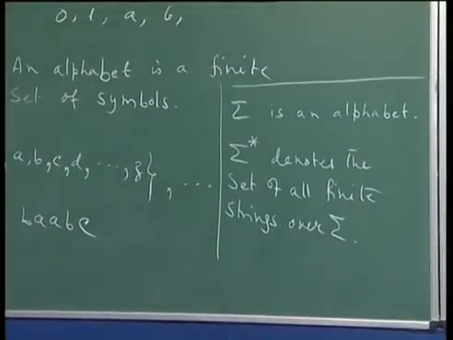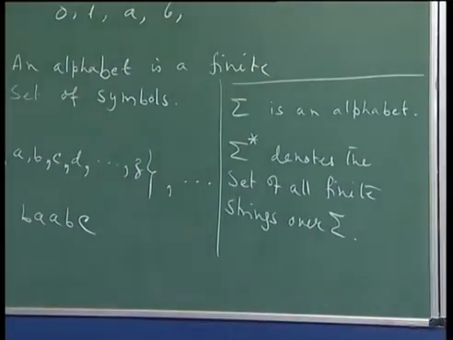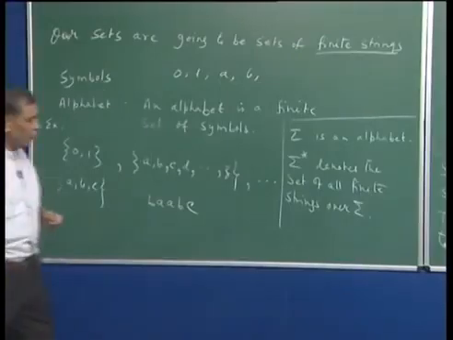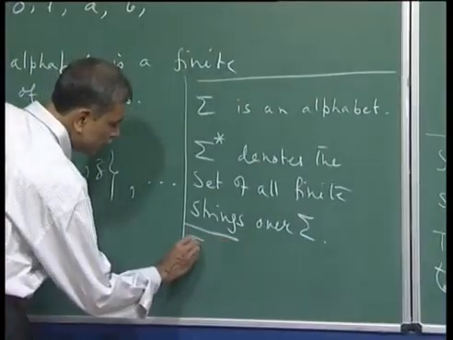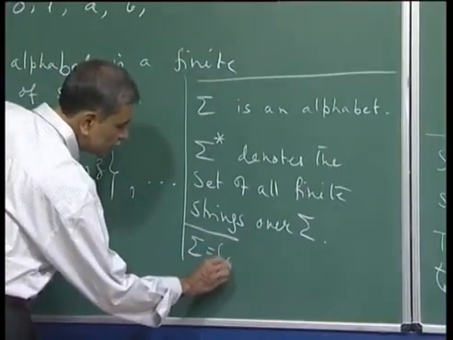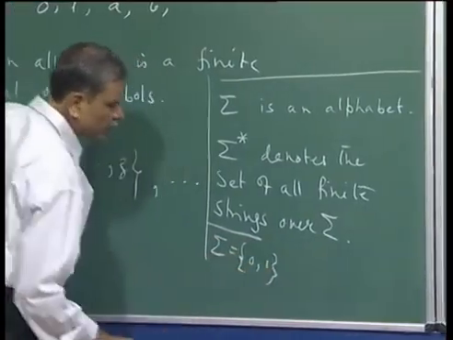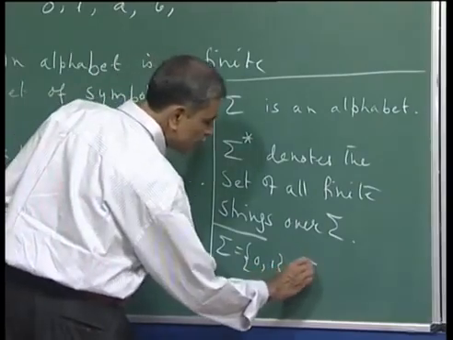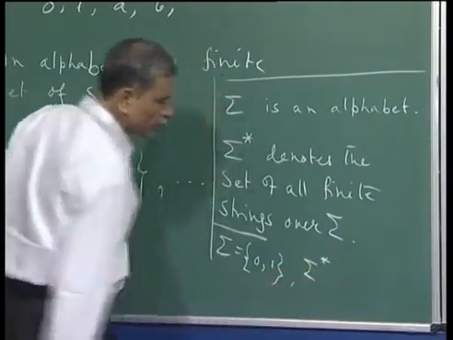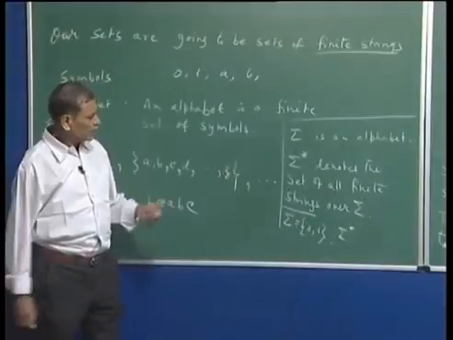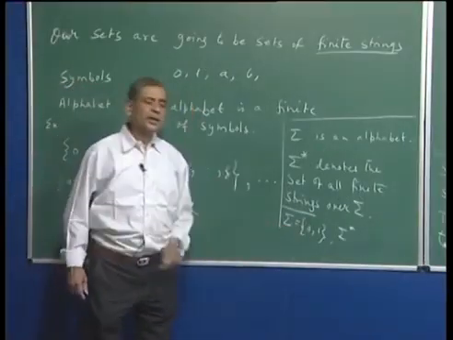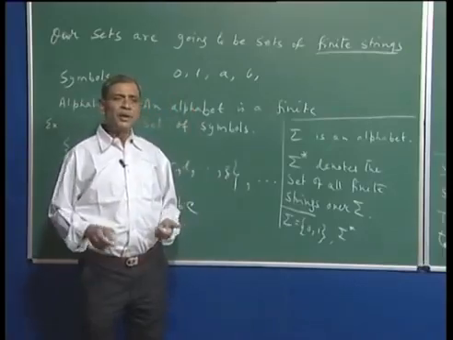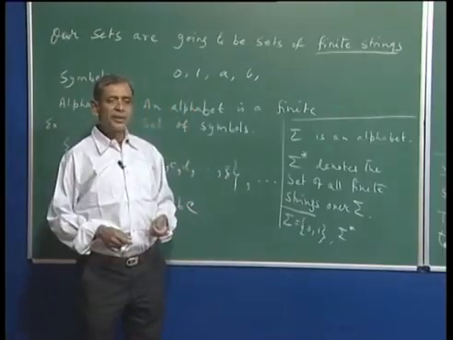Okay. Now, suppose as an example I take sigma to be 0, 1. Then what is sigma star? It's not difficult to see. What are the strings over this alphabet? They are going to be binary strings.